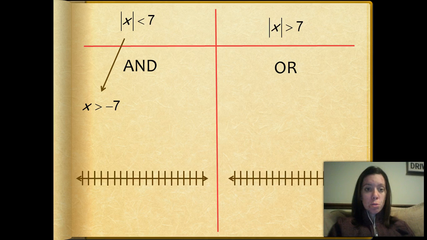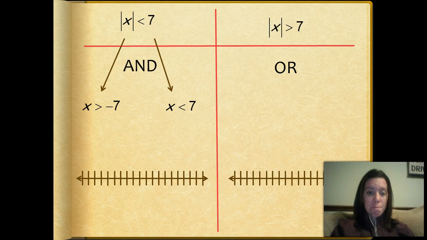First, you write an inequality where you change the inequality symbol, and you change the sign of the answer. So you change from less than to greater than, and you change the positive to negative. On the other one, you keep everything the same. So you're keeping the less than sign and you're keeping the positive 7.